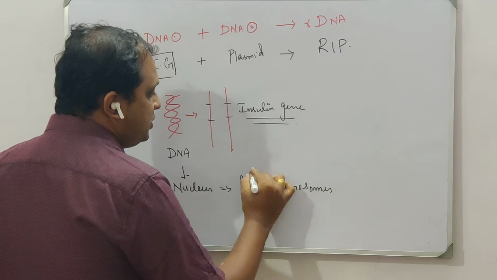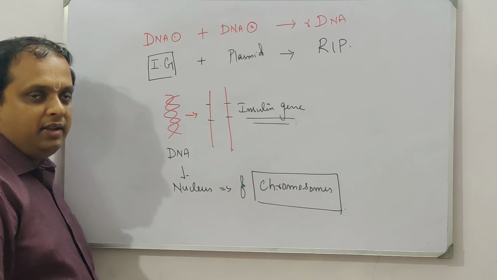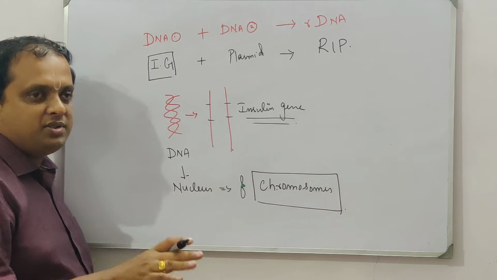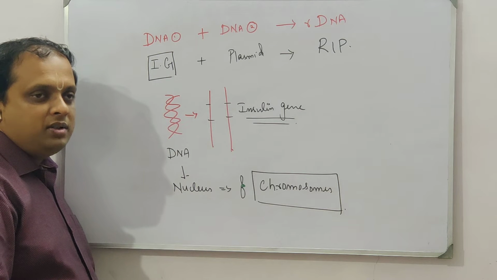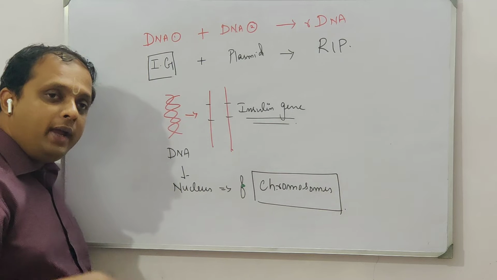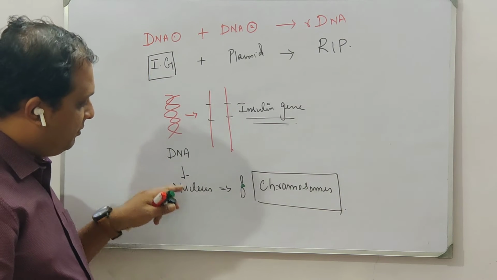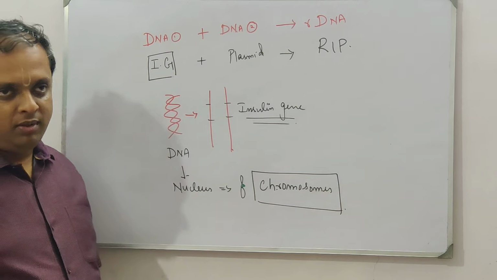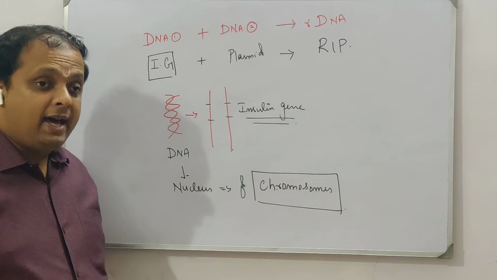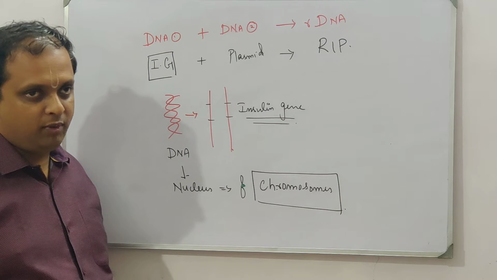So the best strategy we have here is, in order to get the insulin gene, pick up a cell. What cell? It has to be a nucleated cell. Why a nucleated cell? Because a nucleated cell is the one which is going to have the DNA in the form of chromosomes. From where? What hormone do we need? We need insulin hormone from human.